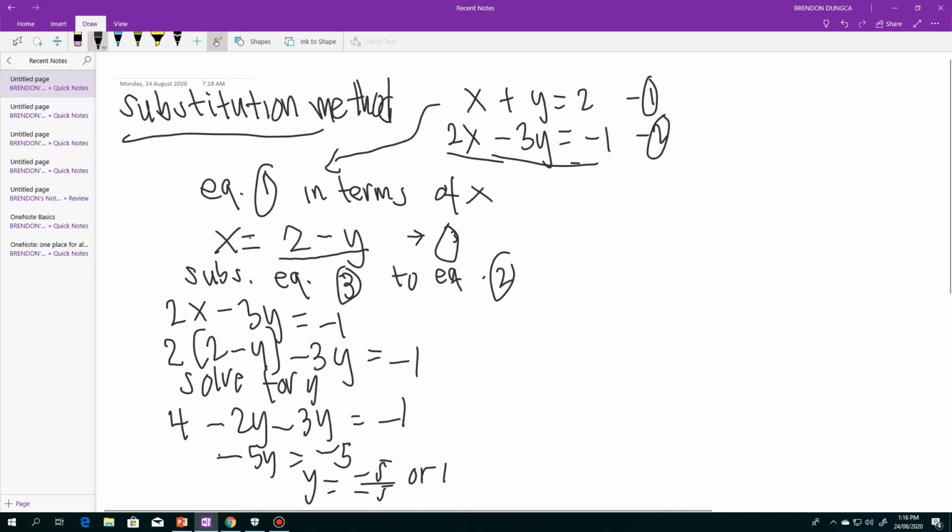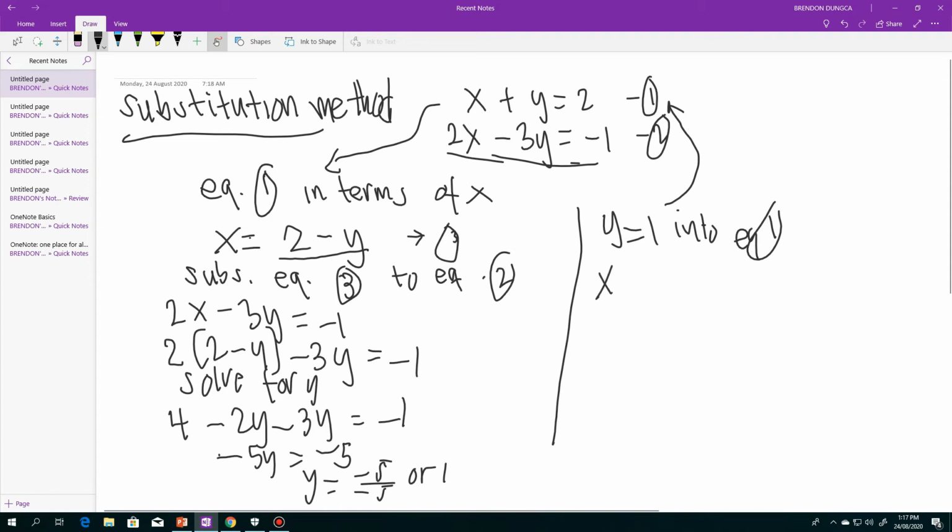Next procedure, we take y is equal to 1, which we have gotten, back into equation number 1. So we substitute y is equal to 1 to the first equation. Therefore this will give us x.